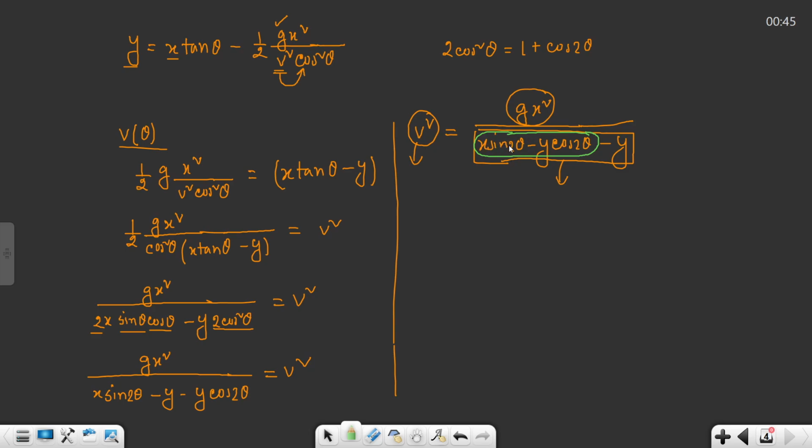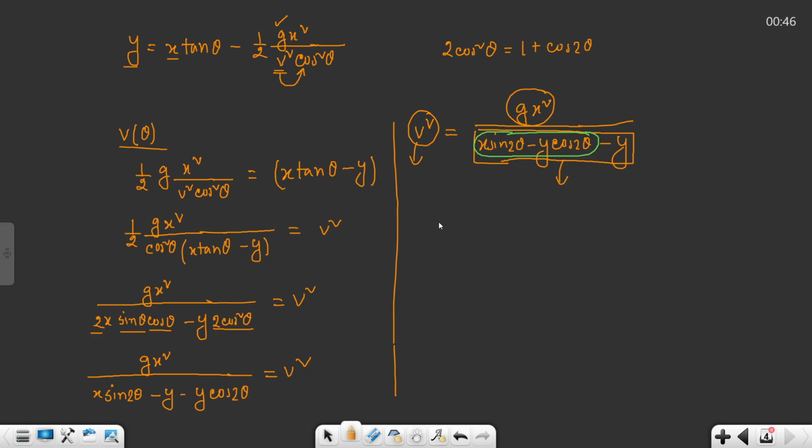If this is less than 0 and this is also negative, then the whole thing becomes negative and we are getting v square equal to a negative thing. So that is not possible. We need to get a real value of v. Since we need a real value of v, this thing should be some positive value. So how do we get the positive value?